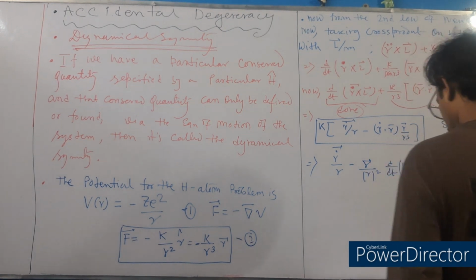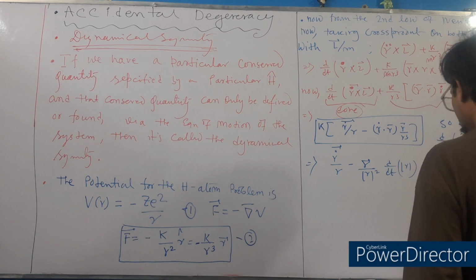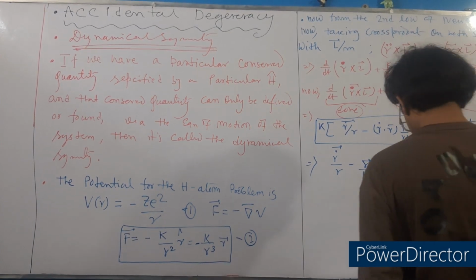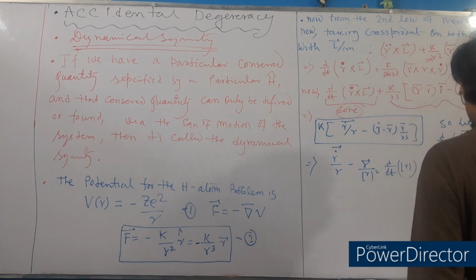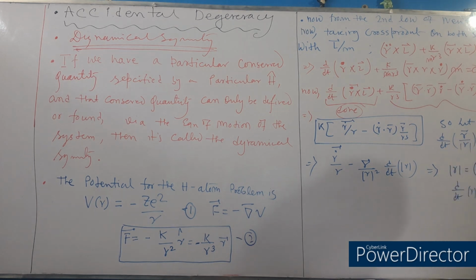Now from here we can say that mod r is equal to the square root of r dot r. So d/dt of mod r will be r dot r by mod r. Okay, this is the derivative dot, this is the normal dot.